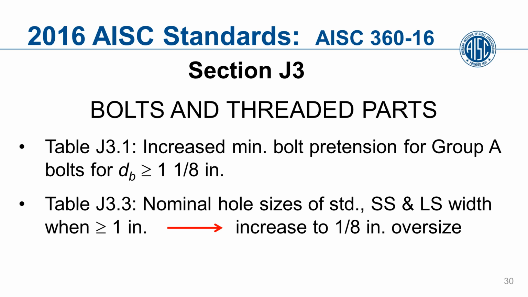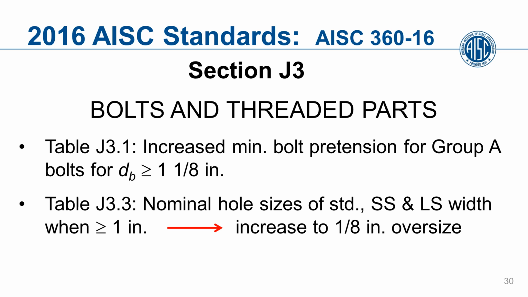Discovered that the manufacturers were using 120 KSI material for all those bolts, no matter what the diameter was. Because they were using the higher strength material, there's a higher pretension required to develop the strength of those bolts. But you get the added advantage of the higher strength material, and the bolts are stronger for 1 1/8 and larger for all Group A bolts.